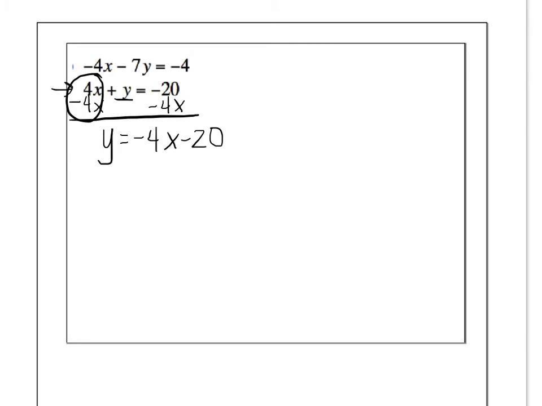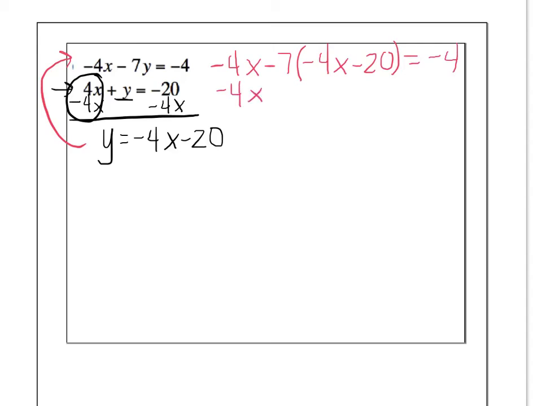Now that I've solved for y, I'm going to take that and plug it into the top equation. So we've got negative 4x minus 7. Now instead of writing our y, we're going to write the negative 4x minus 20, and that equals negative 4. So I've got my negative 4x. Now remember, in this case, we're distributing this negative 7.